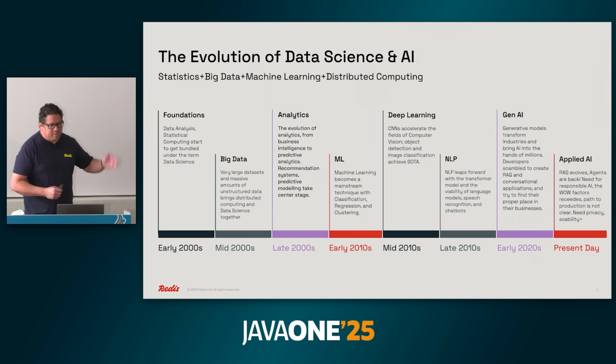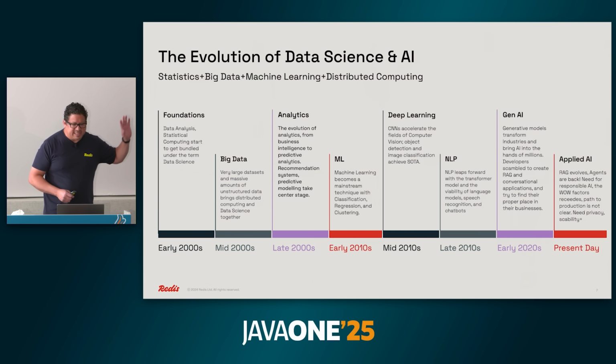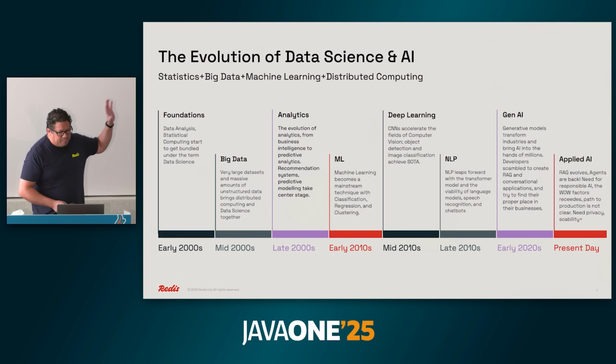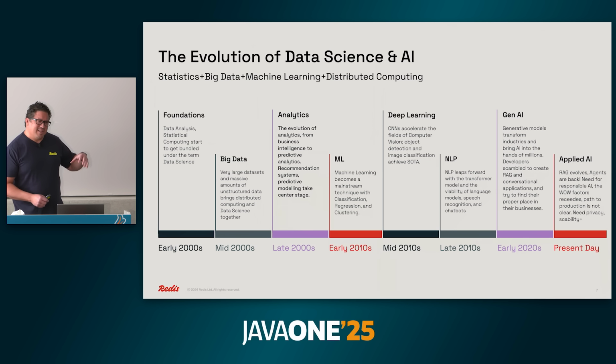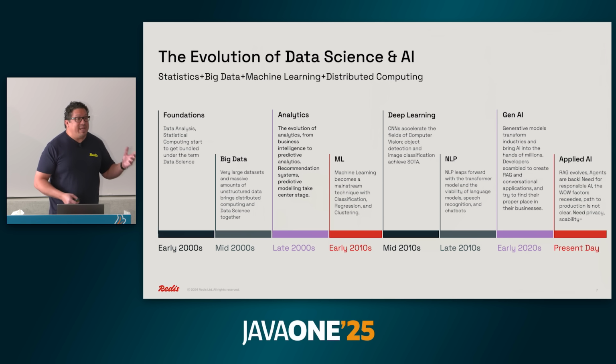So we have the foundations: data analytics, statistics. In computation, this type of field started getting the name data science in academia, mostly. Academia likes to pick really cool top titles for things. Then another thing that catapulted this was big data.